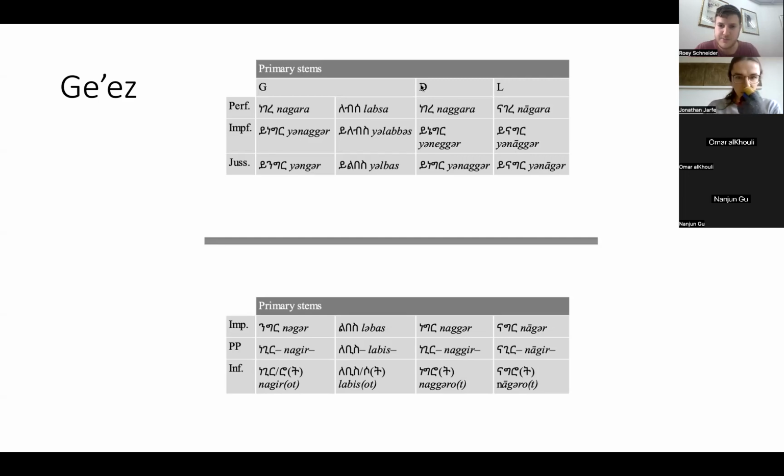But the D stem has a problem because if I distinguish in the G stem the past from the future, or the perfect from the imperfect, through gemination of the second radical, I cannot do that in the D stem because the second radical is always geminate. So it's just a different vowel. So naggara, yinegger, and yinagger. So yinagger is the jussive, the short prefix conjugation, and yinegger is the long prefix conjugation, although they are of the same length.